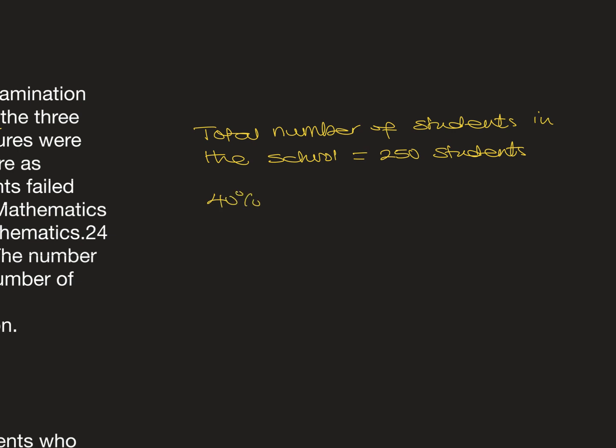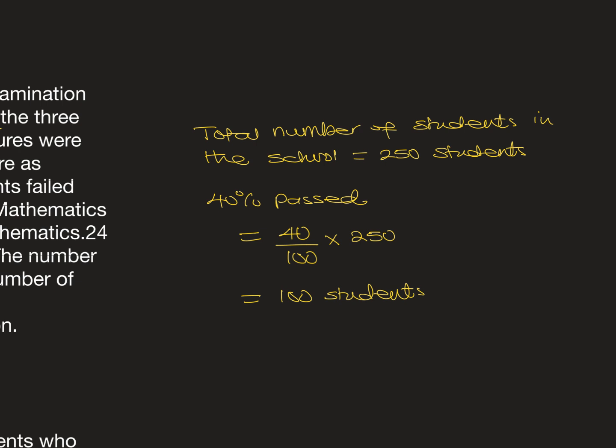So if we have 40% passed the exams, we can tell how many students have passed the exams, right? So that will be 40 over 100 times the total number of students, 250. And if you do the math, it will be 100 students. So it means in a school of 250 students, only 100 students have passed the exams.